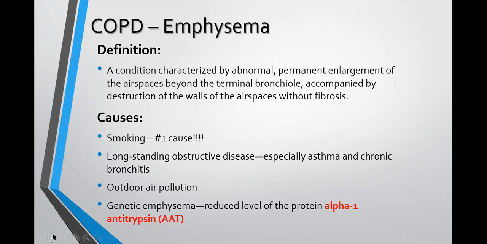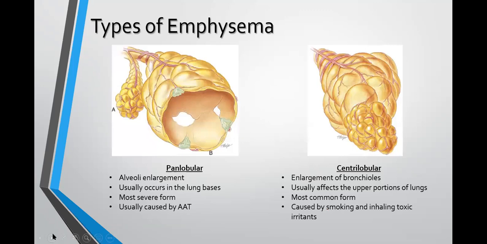So of course, when you get these questions, they're going to say, which one of these cause emphysema? Which one of these cause chronic bronchitis, right? You're going to need to know which one is which. Now, emphysema has 2 types, okay? Panlobar and centrilobar. Panlobar happens from having that low alpha-1 antitrypsin.